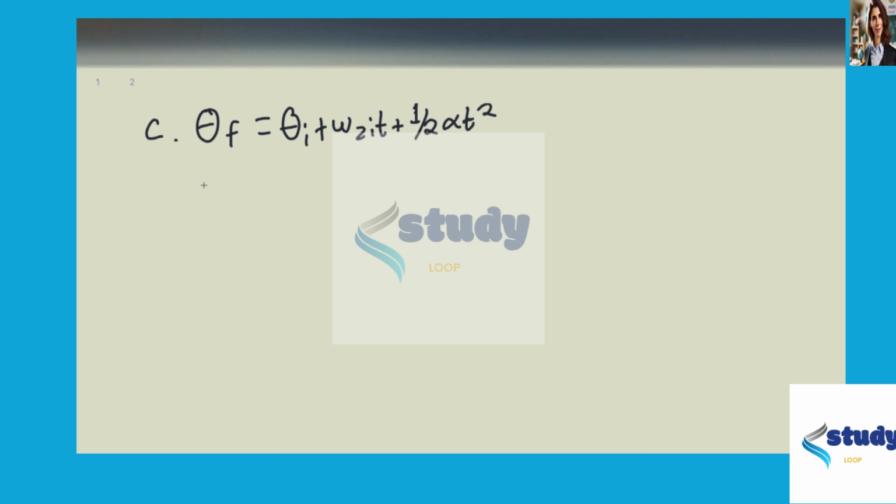And then at this point, we can simply substitute in for our known values. The initial angular displacement is going to be considered 0.